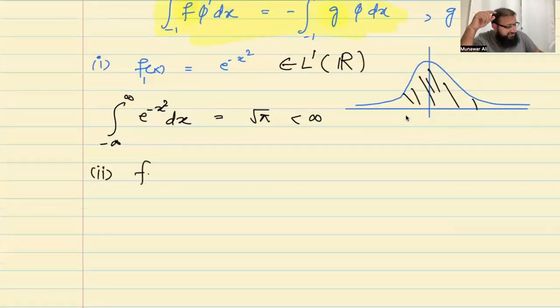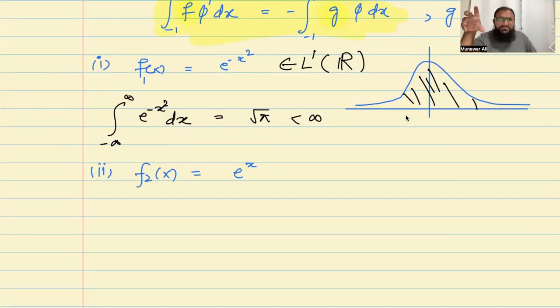The second example, let's say f2 of x, let me use a different color. I'm taking e to the x, or e to the negative x. This function can be L1 over some finite set or some compact set, but it cannot be L1 over the whole of R, and you can check this.